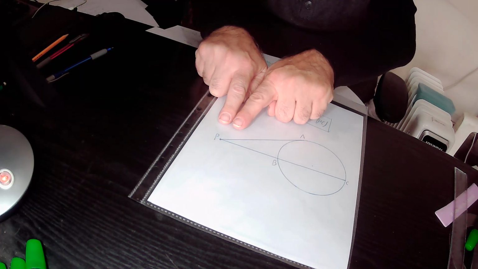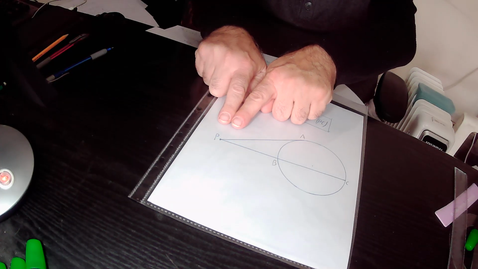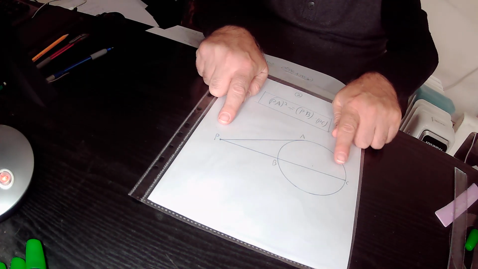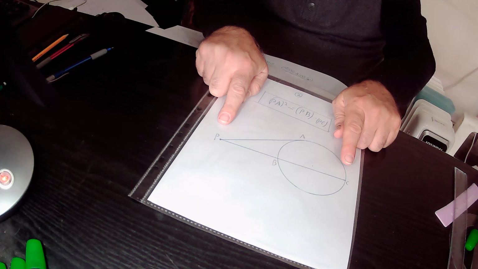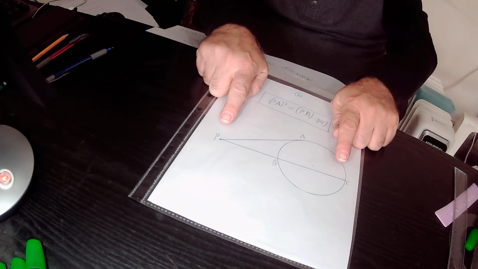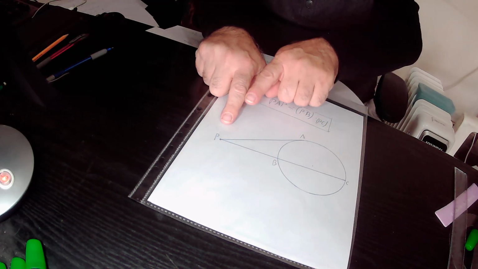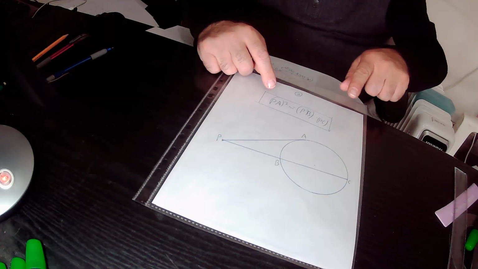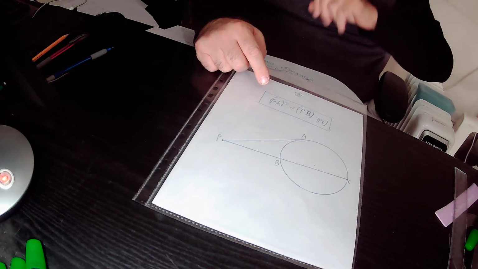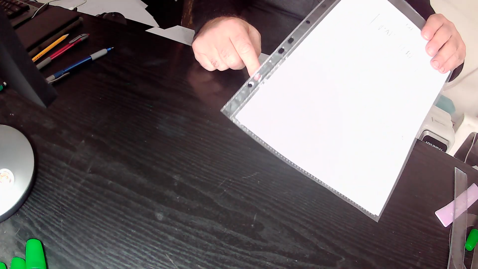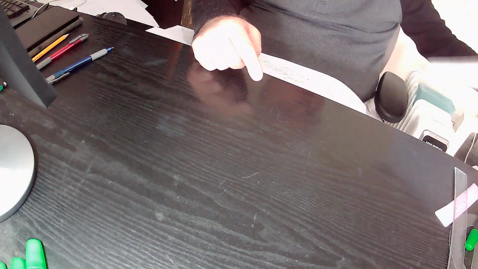The external part is PB, the length of the secant in total is PC, and the product PB times PC equals the length of the tangent squared. So in total PA squared equals PB times PC. So we can implement the tangent secant theorem in our domain.